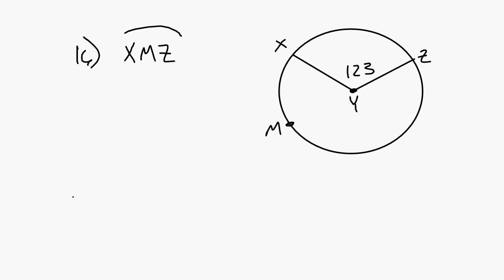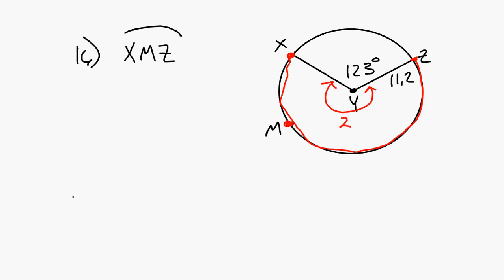But the arc length that they're asking for starts at X, it goes through M, and it ends over here at Z. So it's this major arc that goes around the outside that you're trying to find. So you need this central angle in your formula. And you get that by 360 minus 123. This central angle is 237 degrees.